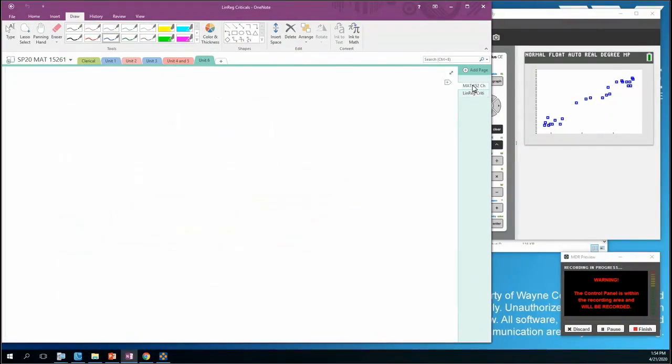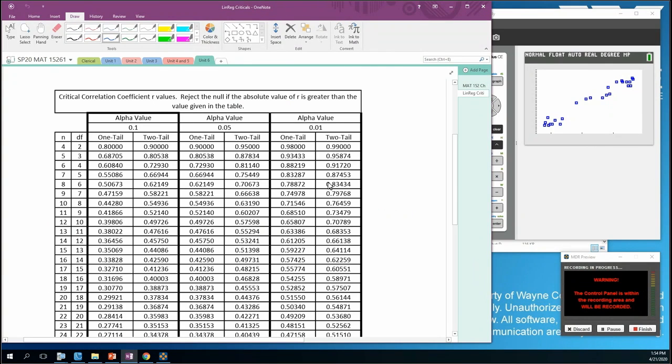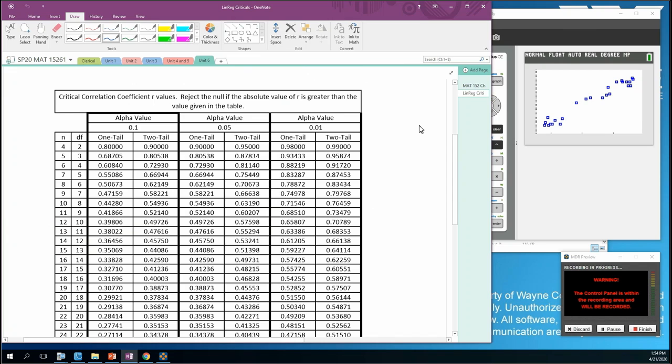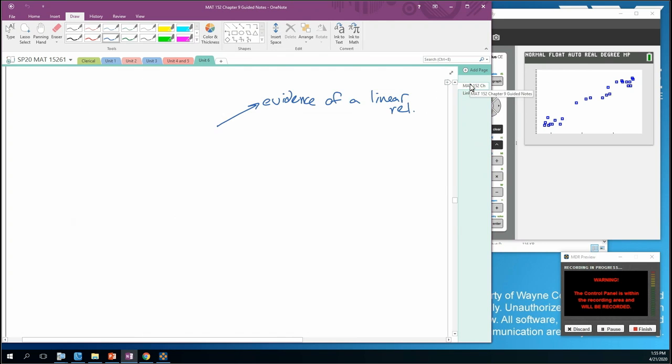So if we look at 0.01, two-tailed, it would be this one, obviously. So the absolute value of r would have to be greater than the value given in this table. So that's how we are going to do that here.